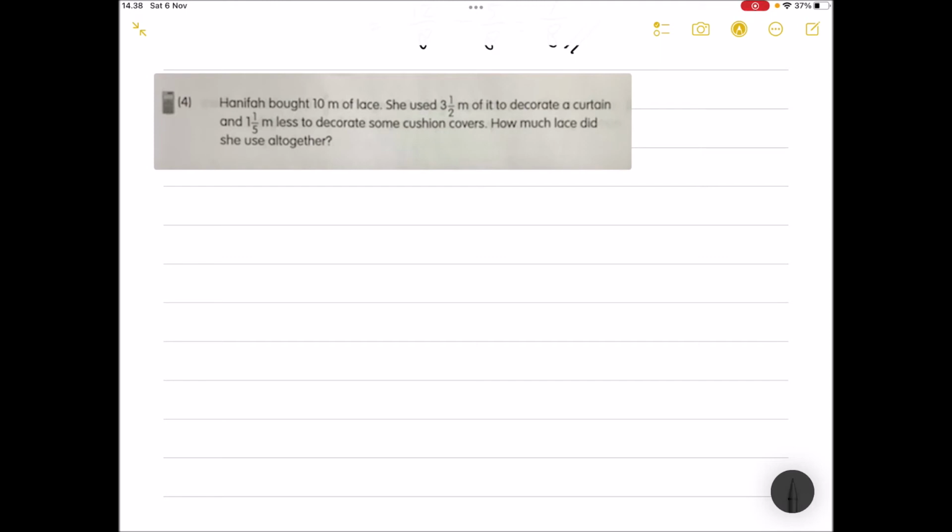So what I need to know here is the lace that she used to decorate a curtain and to decorate a cushion cover. Later on, I can just add the total use, which can be curtain plus cushion cover.